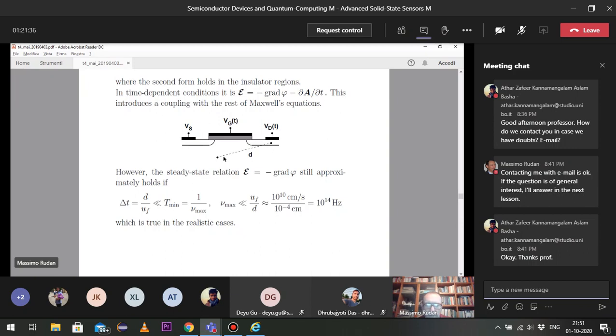Then take another point anywhere in the device, okay? So that the distance between the point near the contact and this other generic point is some distance d, okay? So when you change the voltage at the drain, the electric potential or the electric field at the position underneath the drain contact will change immediately.